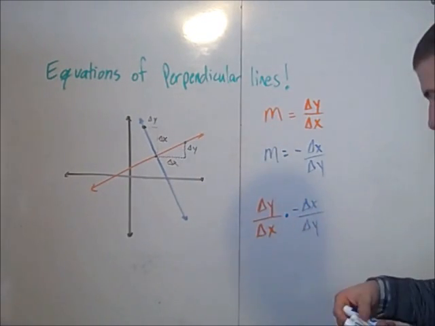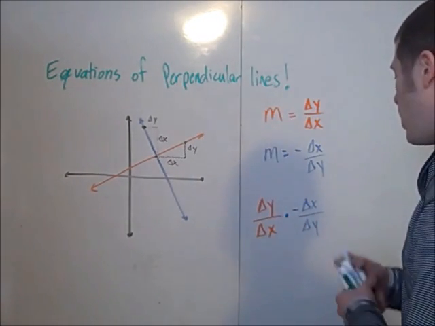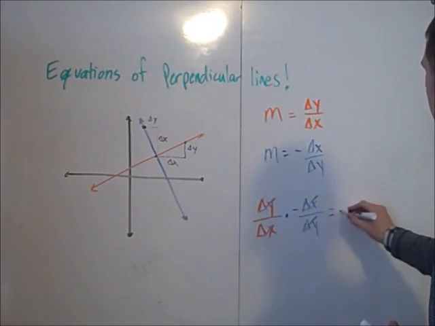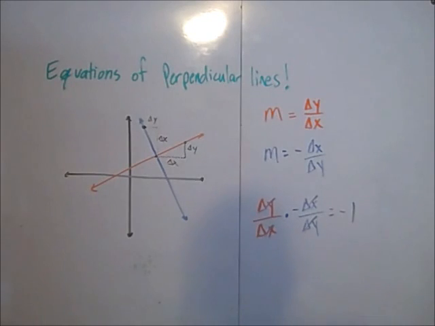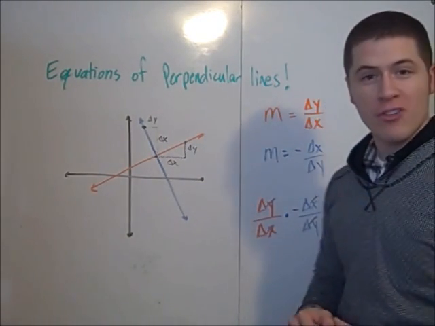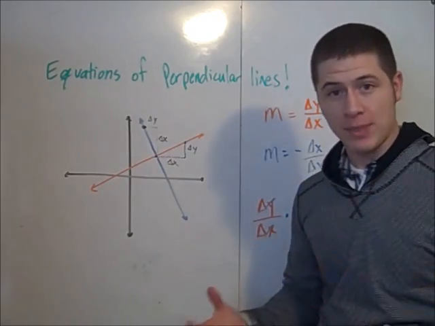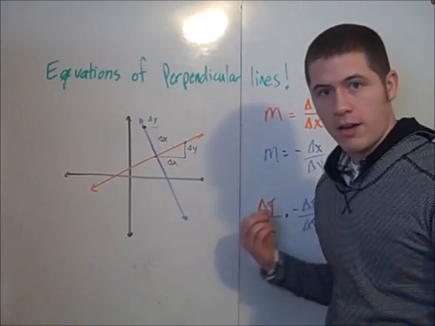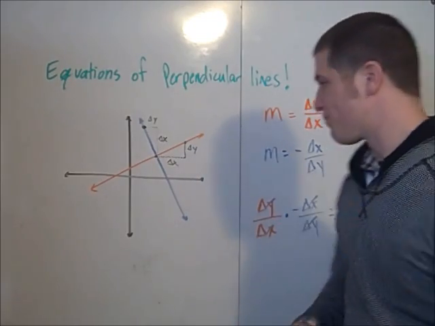Well, the delta y's cancel, that's just 1. Delta x is canceled, that's just 1, so what's left is exactly -1. So that's two ways you can remember how the slopes of perpendicular lines are related. Either they're opposite reciprocals, or the product of their slopes has to be -1.